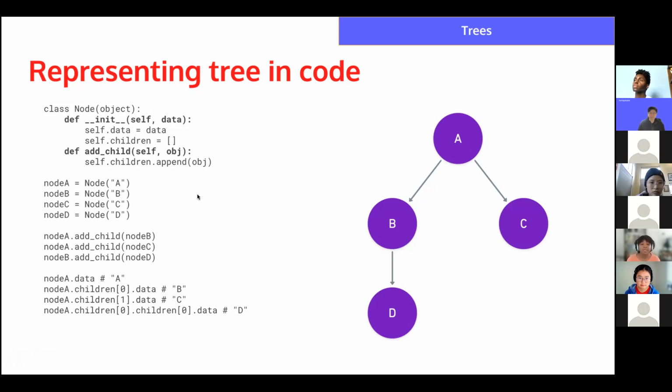Could someone tell me what the benefit or difference might be if we used a set to represent our children nodes as opposed to an array? Would there be any benefits, any downsides, any trade-offs?